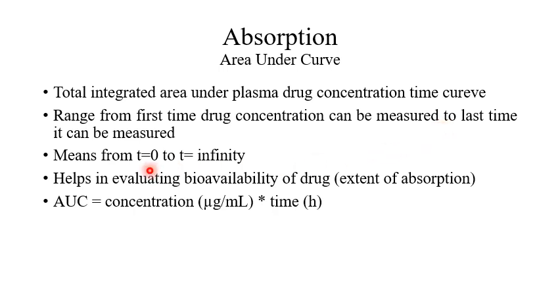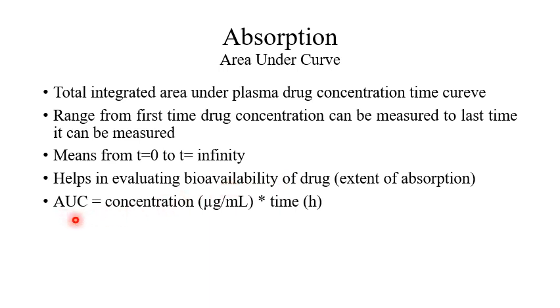It means that from t equal to 0 to t equal to infinity. It is basically a pharmacokinetic parameter, and it is used to measure the extent of absorption, or in other words, it is used to determine the bioavailability of the drug.